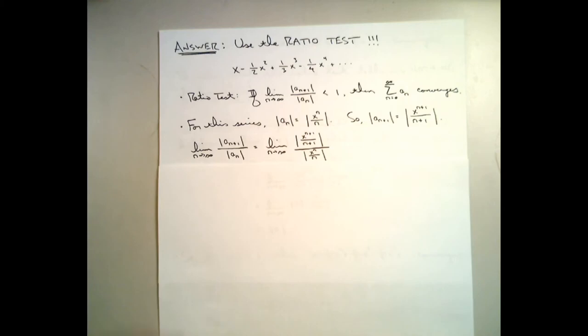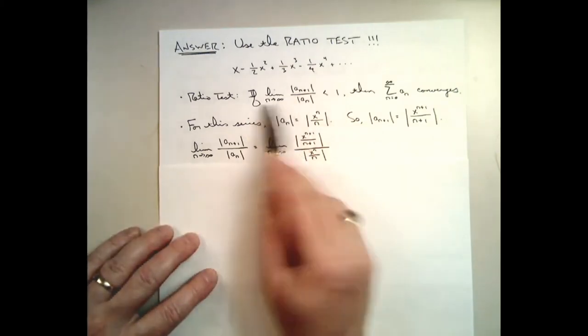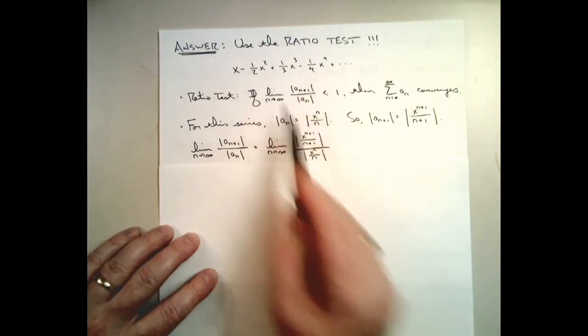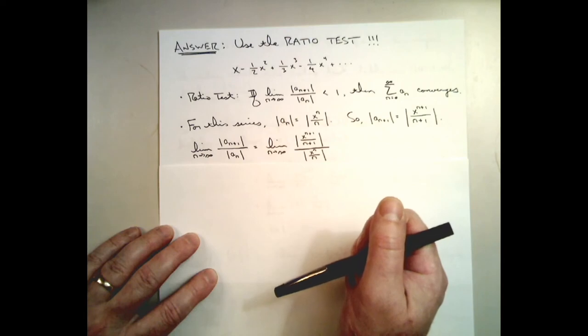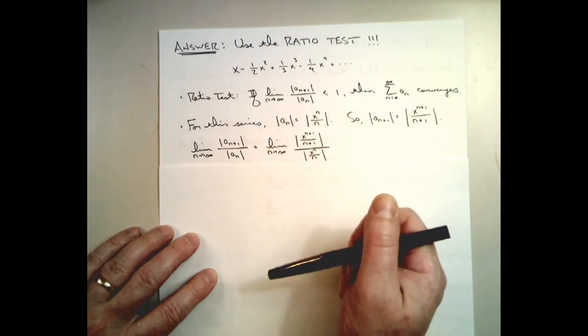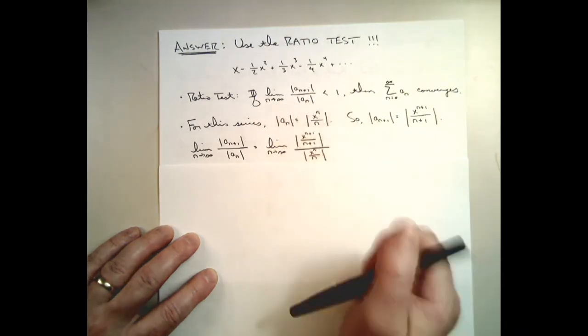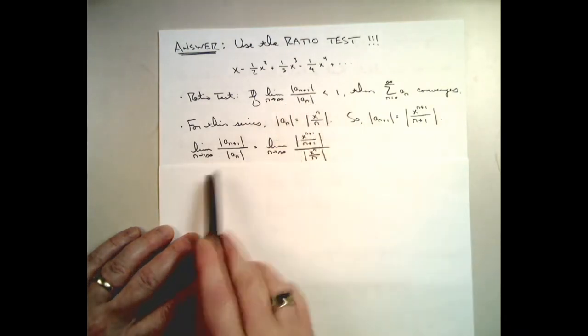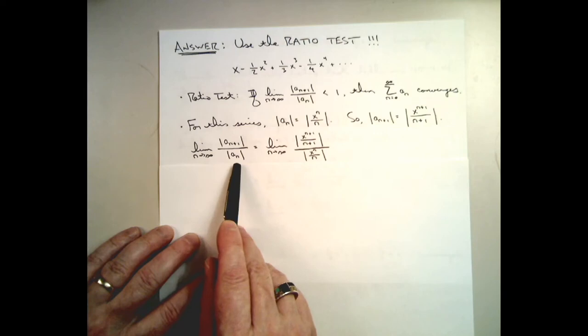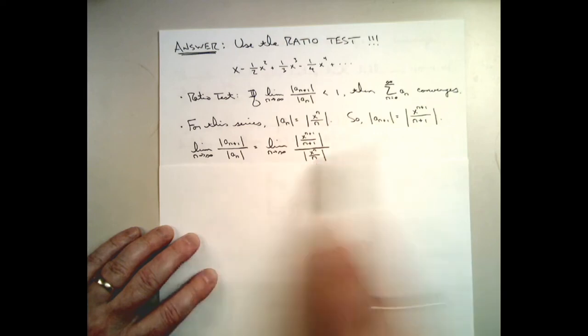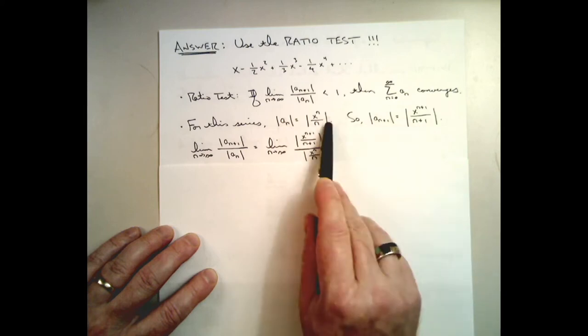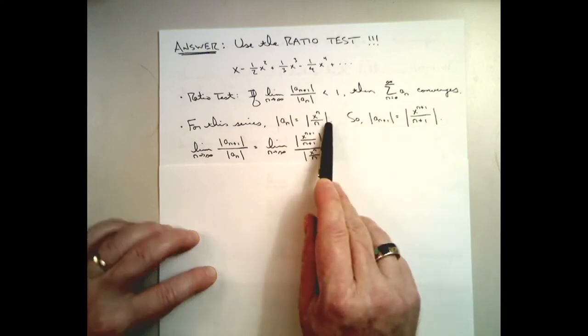And the ratio test says, well, we want to look at the limit of the n plus first term to the nth term, that ratio. And we'll eventually ask, when is that going to be less than 1? Well, let's look at what the limit is, right? So here we go. Limit of the n plus first term to the nth term is, well, I'm just putting that in for a sub n and that in for n, for a sub n.